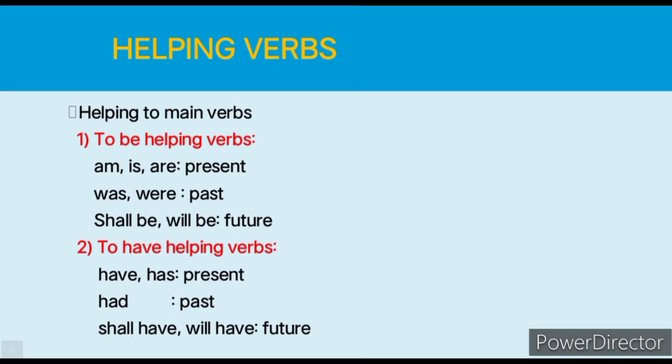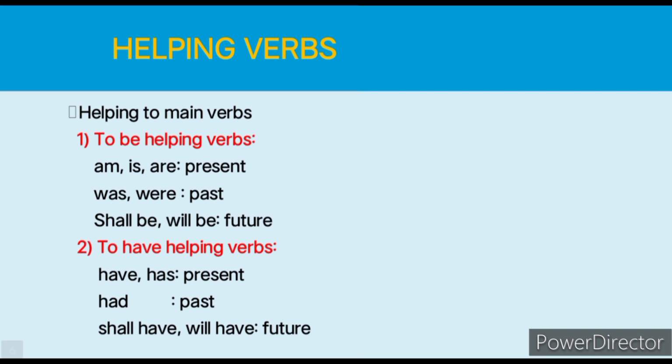Dear friends, we should also know what kind of helping verbs we use in front of the various subjects. Helping verbs help the main verb in the given sentence. There are three types of helping verbs in English. First of all, we will study the to be helping verbs. We use am, is, are in present tense, was, were in past tense, and shall be and will be in future tense.